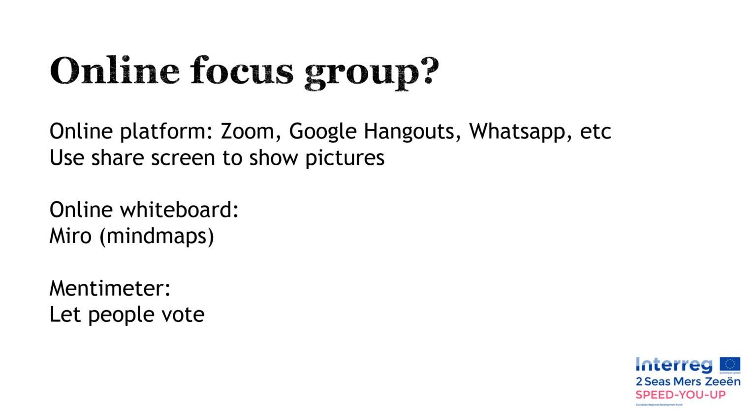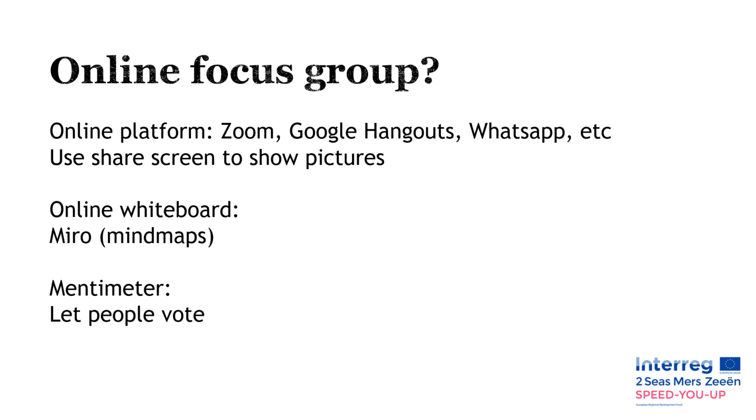If you want to do an online focus group, that's definitely doable. There's a lot of platforms that you can use to have the conversations, so Zoom, Google Hangouts, WhatsApp, and stuff like that. But I think it's best to combine an online video platform with something else. When you use Zoom, Google Hangouts, or WhatsApp, you can use share screen to show pictures and stuff like that.